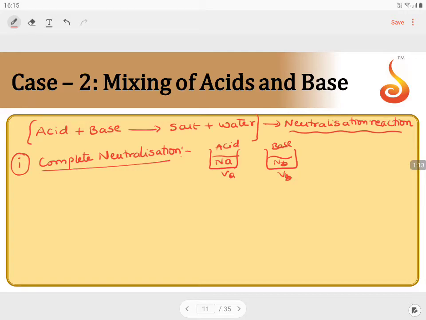What is the condition? If it undergoes complete neutralization, the number of equivalents of acid will be equal to the number of equivalents of base.